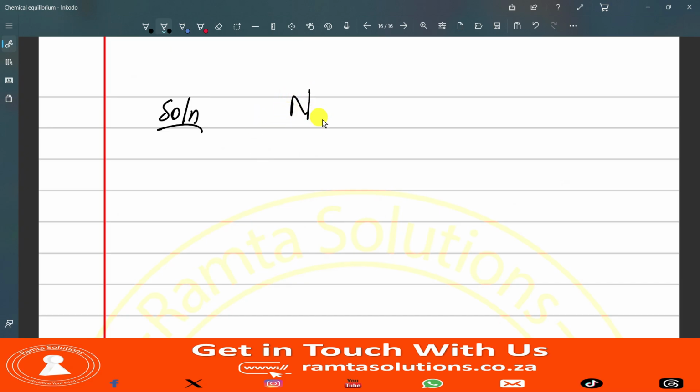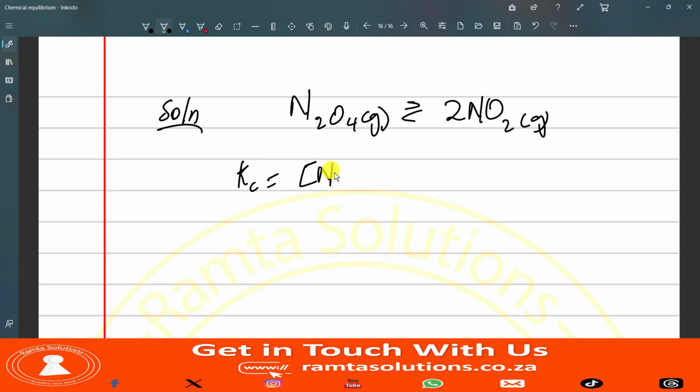Remember, we had N2O4 gaseous going to 2NO2 gaseous. So Kc will be the concentration of NO2, what is its coefficient? It's 2, over the concentration of N2O4, what is its coefficient? 1.